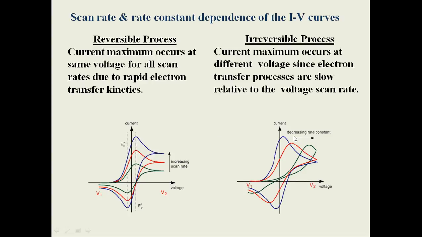But once we increase the scan rate in the case of an irreversible process, the maximum number of analytes is reducing at a lower voltage, due to the slow process. That means it cannot reduce that much amount of analyte at this potential.